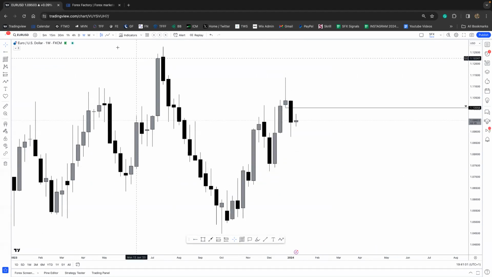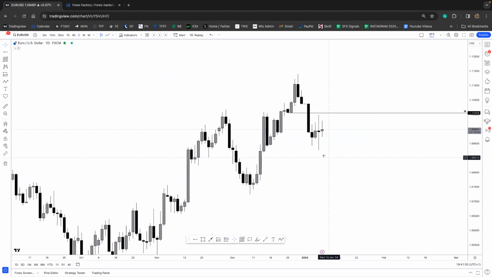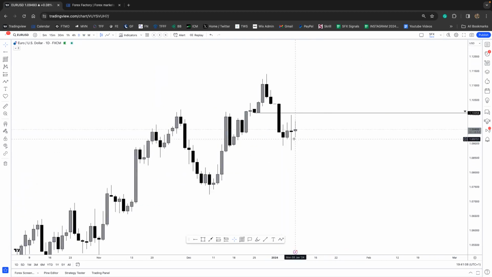Okay, let's head to the daily. Daily is very choppy in the range, as you can see, no movement at all. We had breakouts on the 2nd of January, a break of this previous low to the downside. We still have some imbalance above and this daily order block, which is why I saw on the weekly as well that price can push higher.